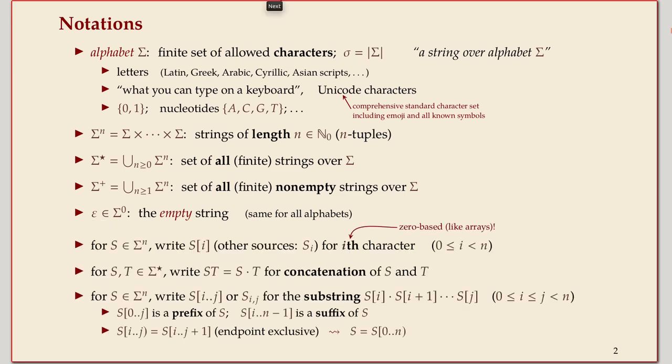Some more notation. If we have a string from a certain alphabet and it has a certain length, this is a very short and terse way to say S is a string over sigma of exactly n letters. I will treat strings as arrays. So if we have such a string, we write S and in brackets i for the ith character, and I count it starting at 0, like for arrays.